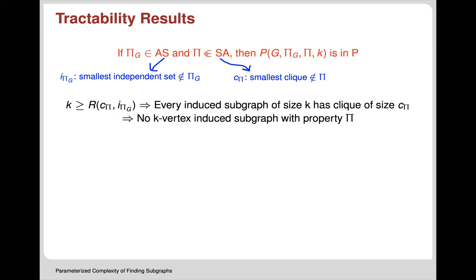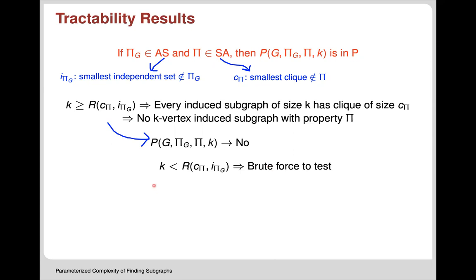And as you can see, if a graph belongs to Π, then it cannot have a clique of size C(Π). So G does not have any k-vertex induced subgraph which belongs to property Π, and we just return no to this problem.